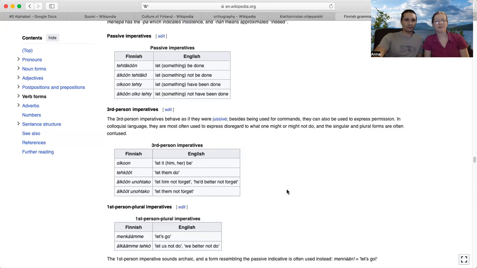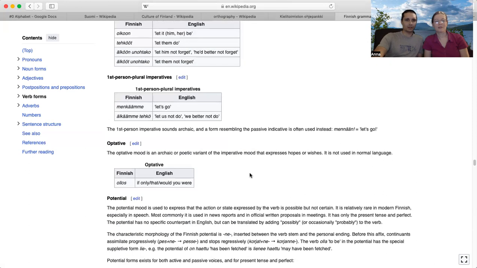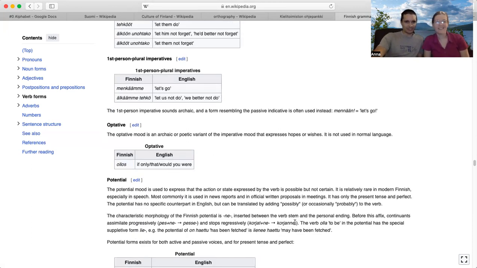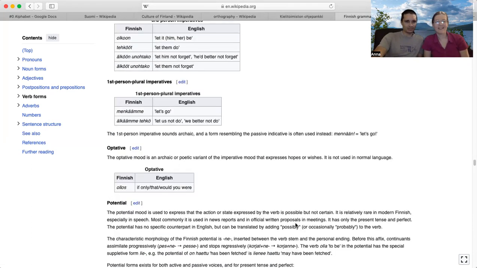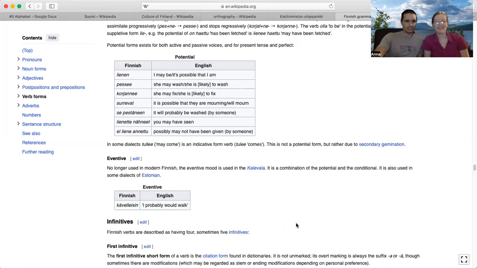It's quite old. Optative and potential, but I have never heard about it. This is something that no one would actually use ever. Yeah, this potential, I've never understood it. Oh, eventive, no longer used in modern Finnish. The eventive mood is used in the combination of the potential and the condition.